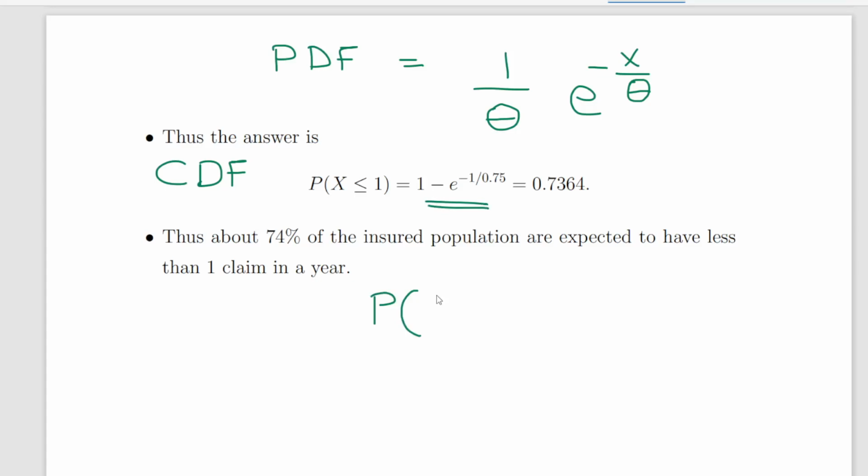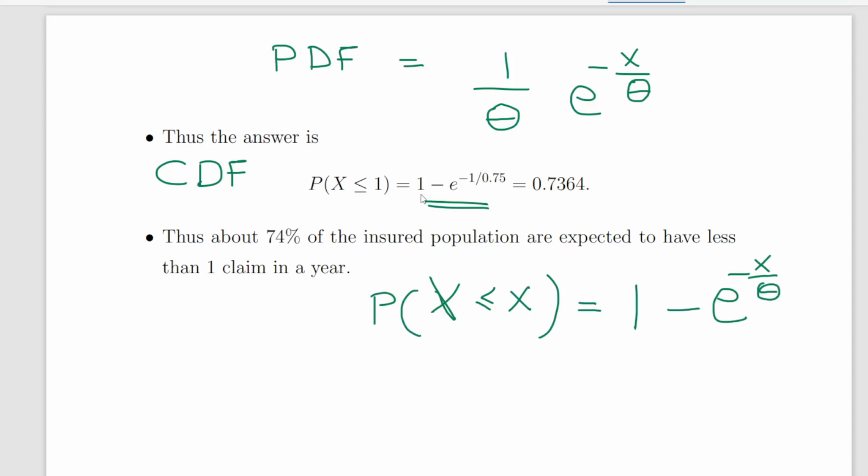Hopefully you should know this. That's small x there, this is capital X. That equals 1 minus e to the minus x over theta. Should be straightforward enough. In this case, theta equals 0.75.